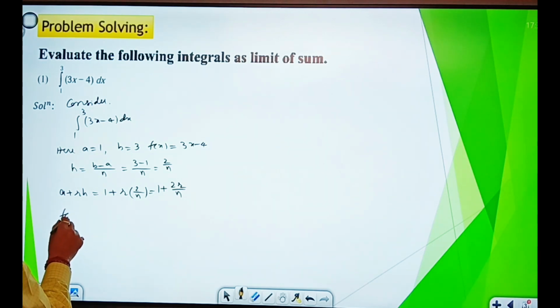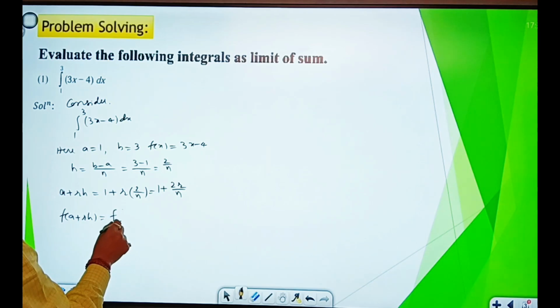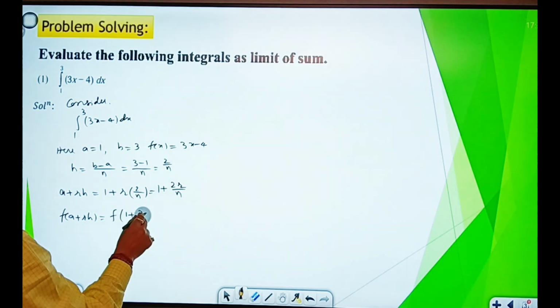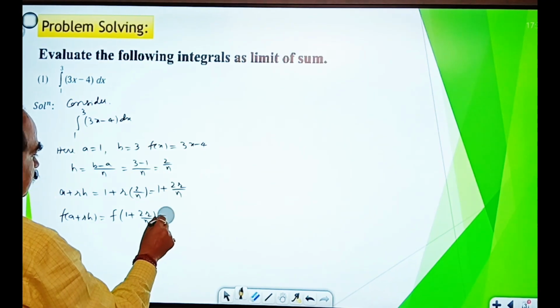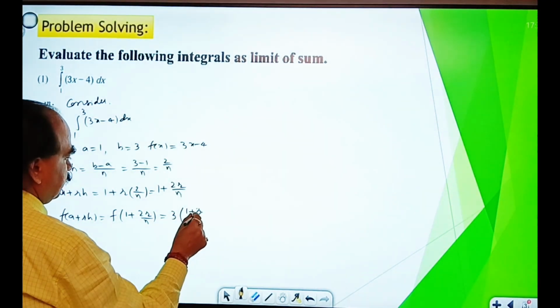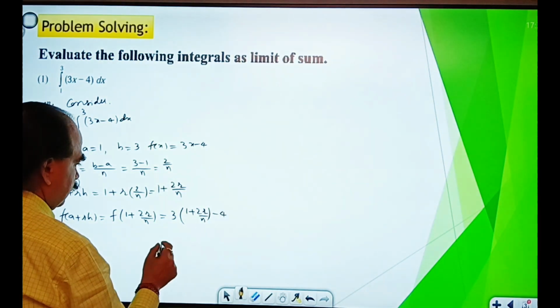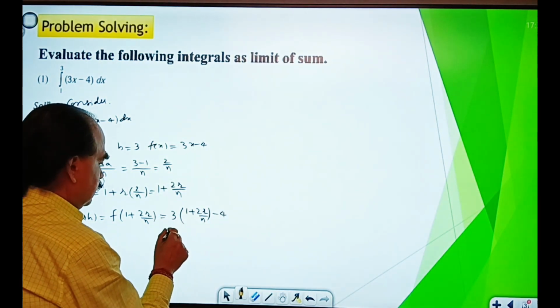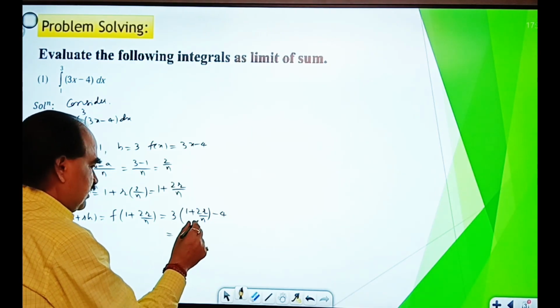Then find out f of (a plus rh): f of (1 plus 2r by n), which is 3 into (1 plus 2r by n) minus 4, which is 6r by n minus 1.